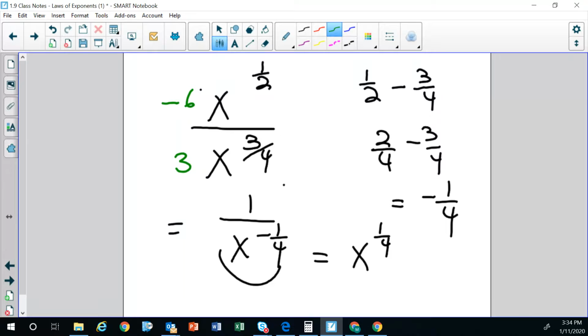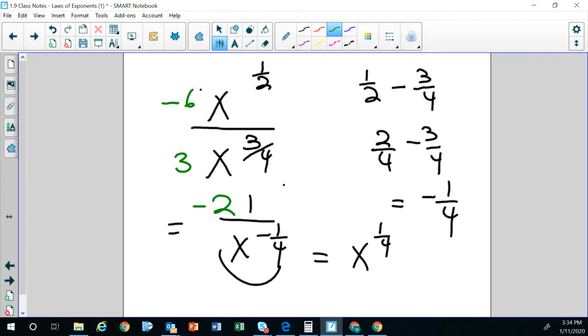Remember, a common mistake: I see a lot of students subtract the coefficients. You can't do that. This is a regular operation. You're dividing, so it'll be -6 divided by 3, and that would give you -2.